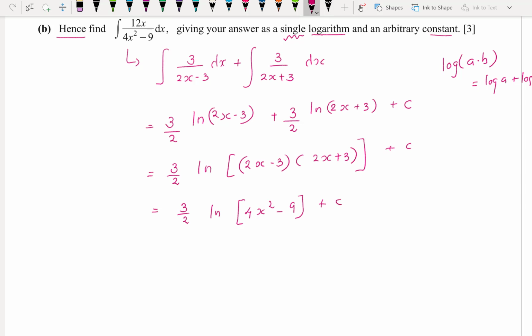How do we think about this one, Amrita, where you have 3 by 2 outside the logarithm? So how do we address that? So 3 by 2 can be the power of 4x square minus 9. Correct, Amrita. So this can be rewritten as ln 4x square minus 9 to the power 3 by 2 plus c. Is it okay, Amrita?